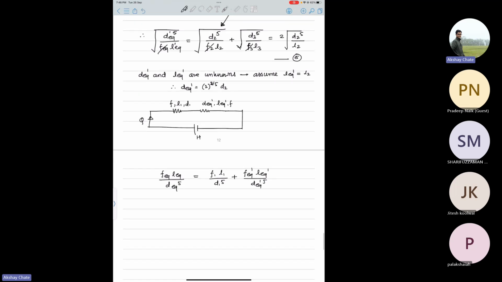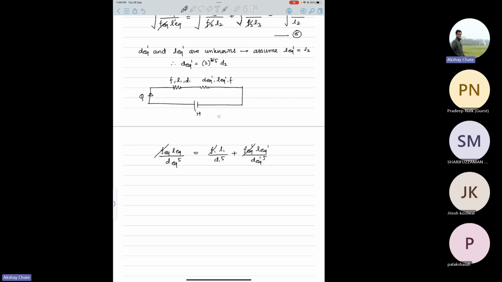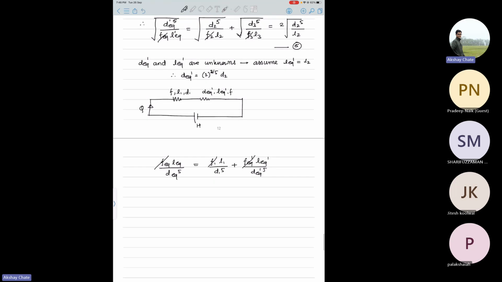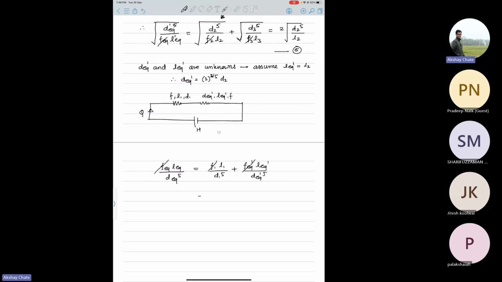We know that F are same, so they will get cancelled. Now here we know this is L1 over D1 power 5. This becomes L2, and this is 2 to the power 2 by 5 into D2. And here again you have L equivalent over D equivalent power 5.